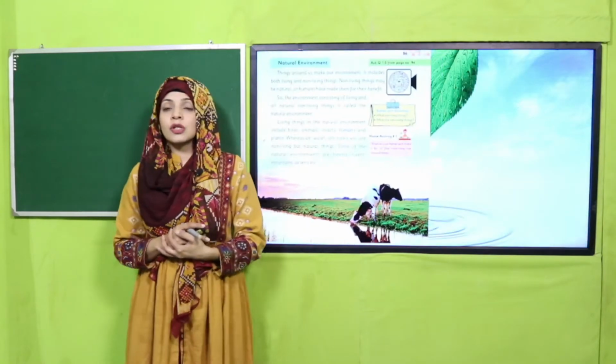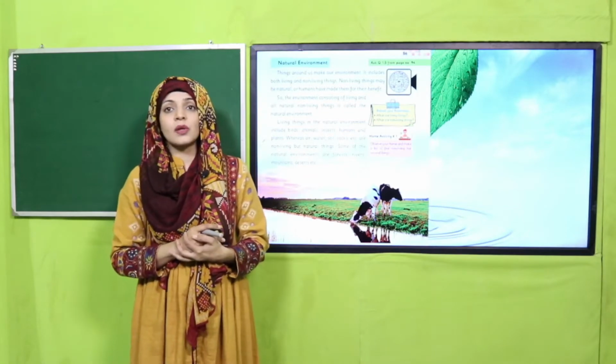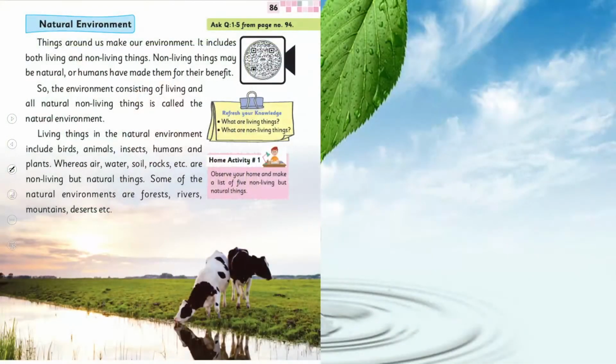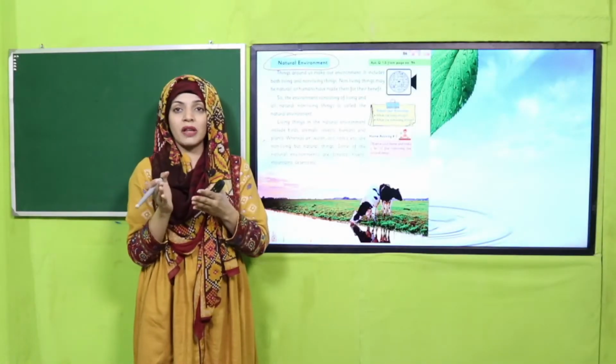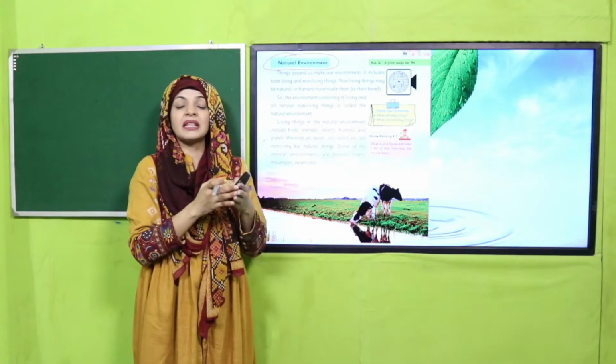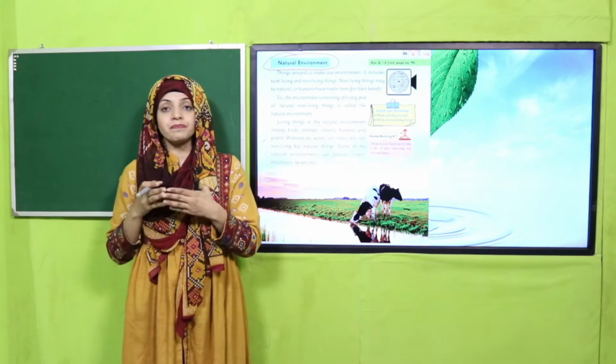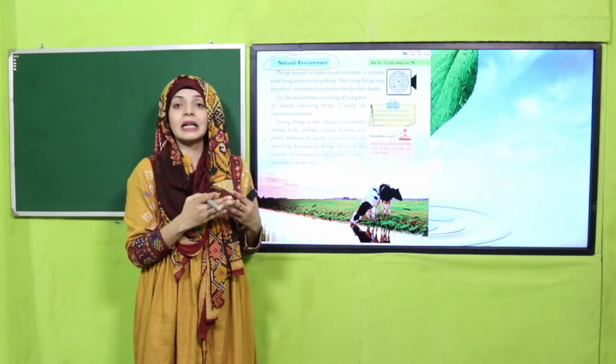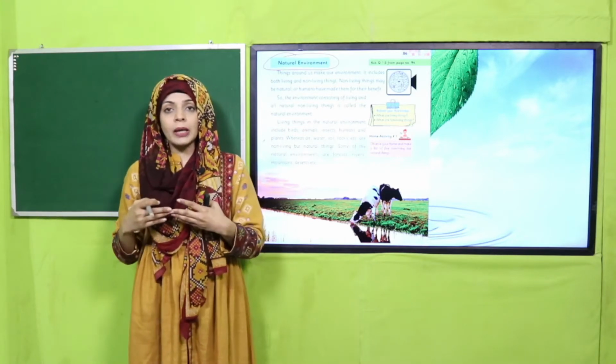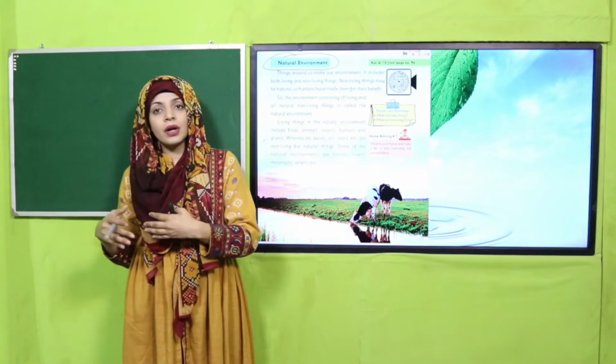Okay, my dear students, we started the first lesson with page number 86. And on this page, we studied about the natural environment. Natural environment is made up of living and non-living things both. इसमें human beings हैं, animals हैं, plants हैं. Then non-living things like rocks, soil, water, air, sun.